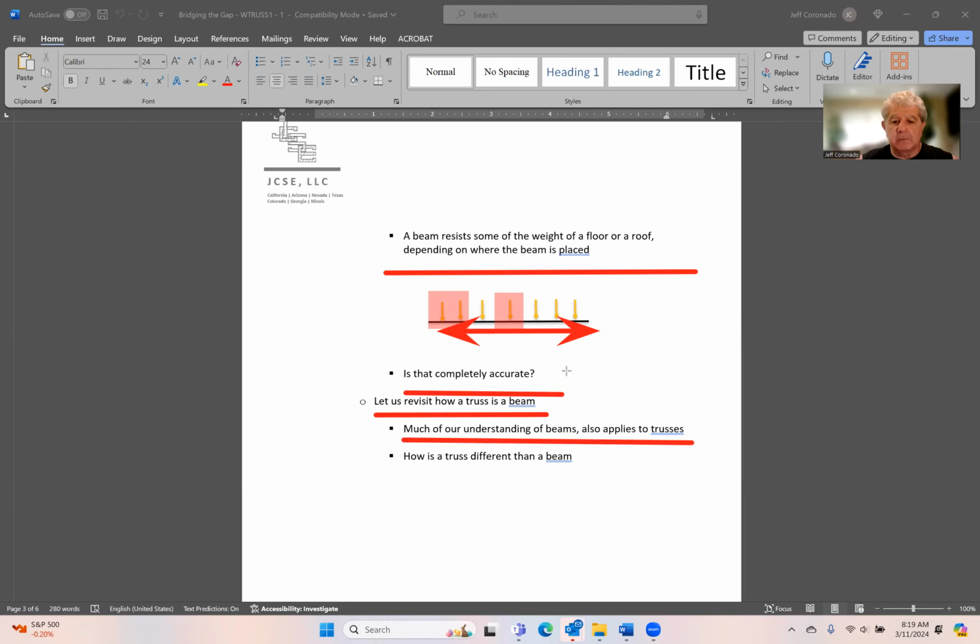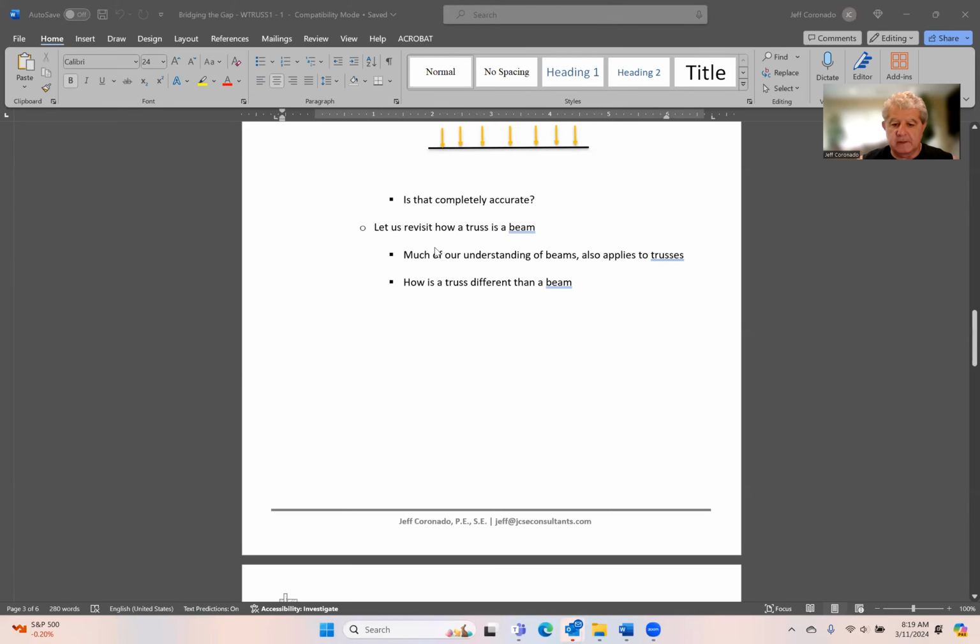And just like a beam, it supports loading perpendicular to its longitudinal direction, meaning it supports weight, whether it's the weight of a floor or roof, wherever the truss is located. So how's a truss different than a beam? Let's take a look at that.